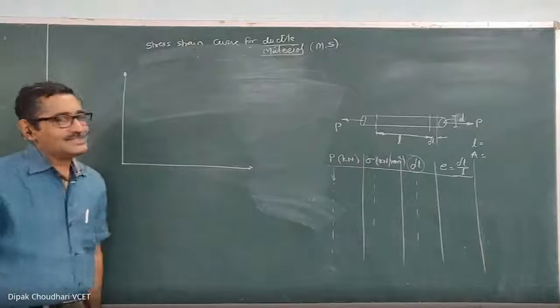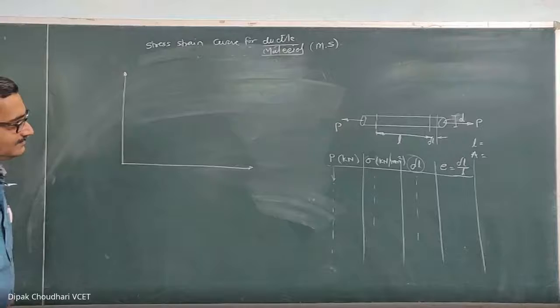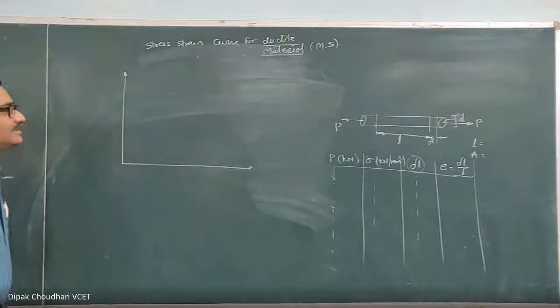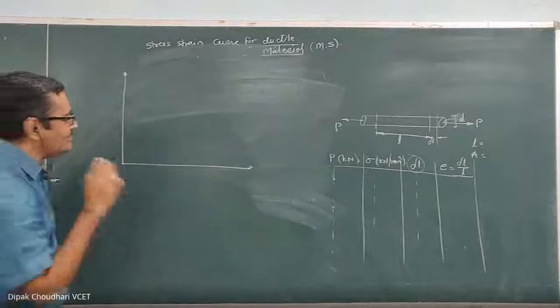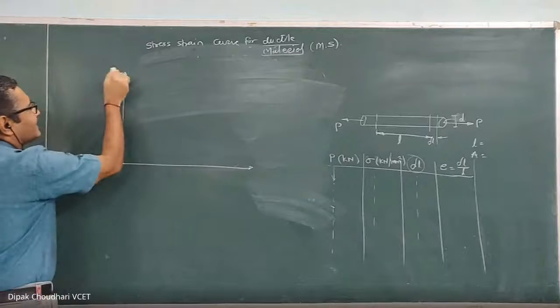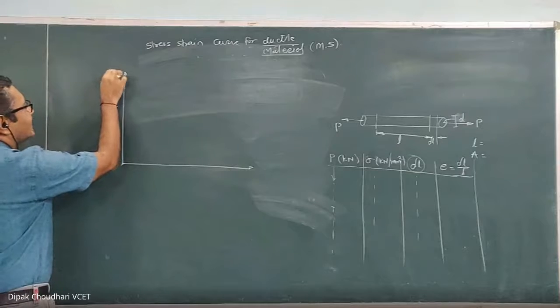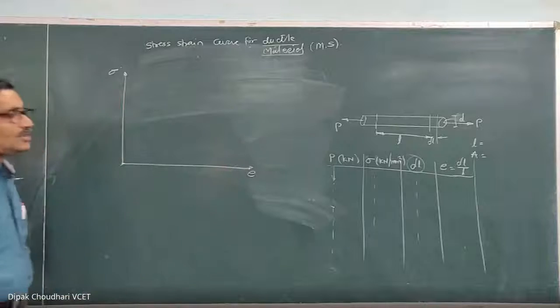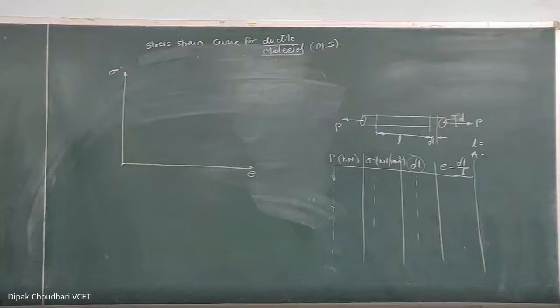Now, what will happen in the stress strain curve? After completing this experimentation, you will observe that up to a certain limit, on the y-axis there is the value of stress and on the x-axis the value of strain. We are going to plot stress versus strain.